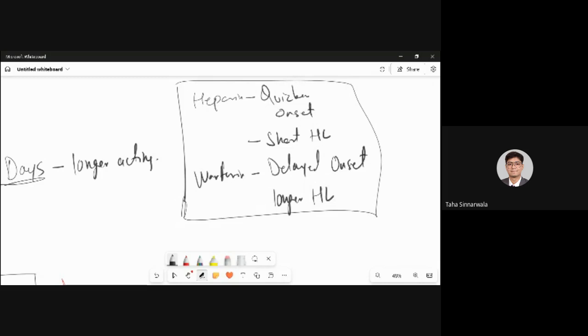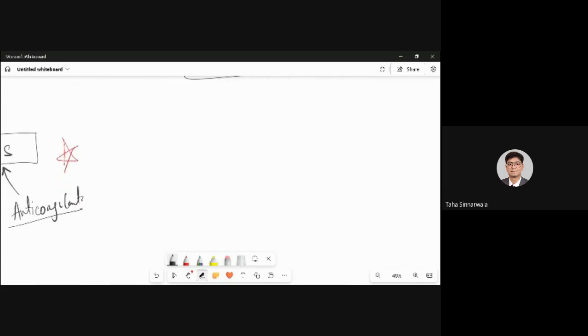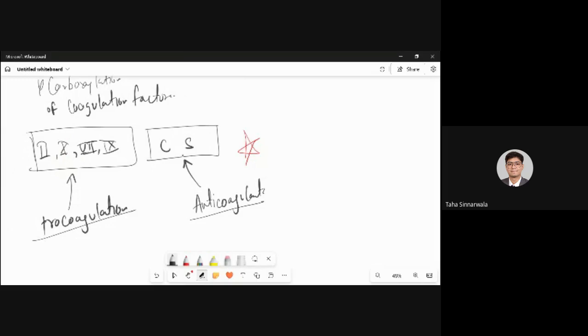Now, why do I say this is important? We talked about how proteins C and S are anticoagulant, while factors 2, 7, 9, and 10 are procoagulant. It turns out that these anticoagulant proteins have a short half-life.